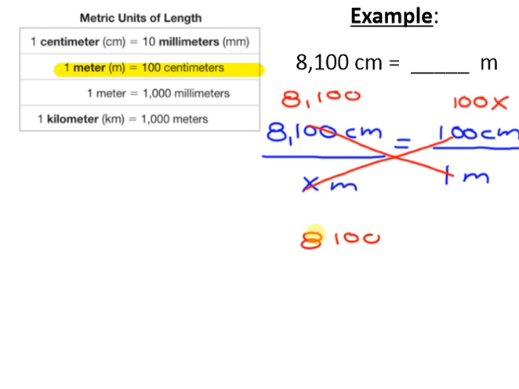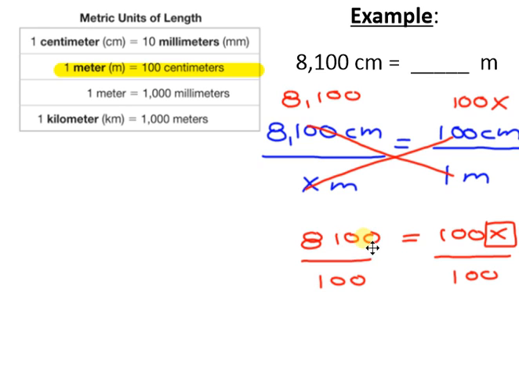So 8,100 equals 100x, box the variable, divide both sides by 100. So 8,100 divided by 100 is going to be 81 equals, these 100s cancel, you're left with x, flip it around, x equals 81.